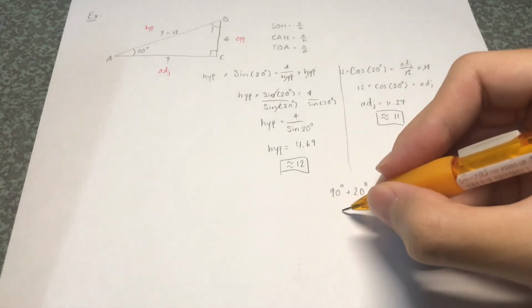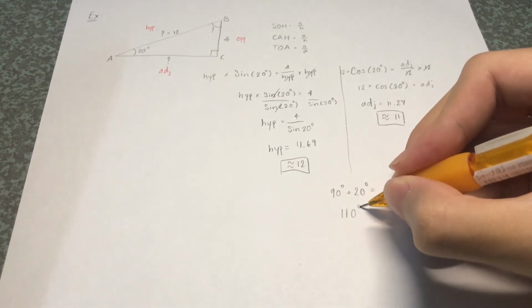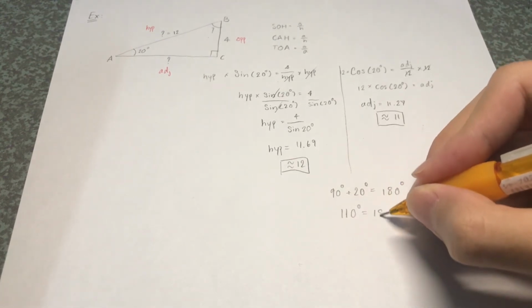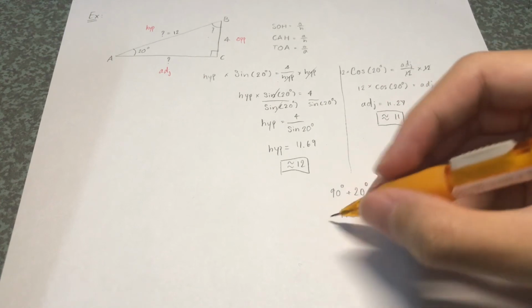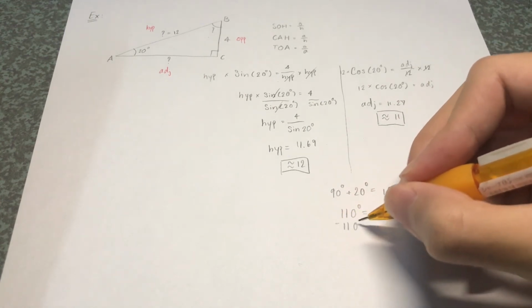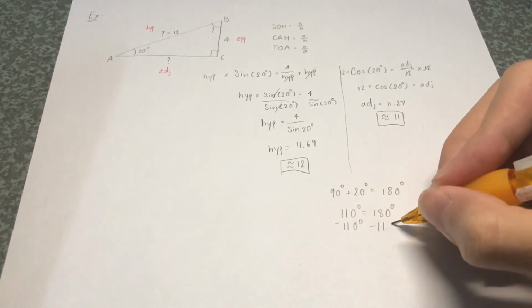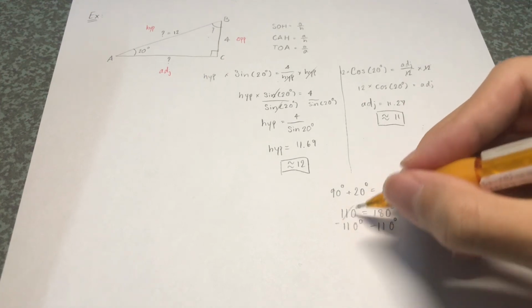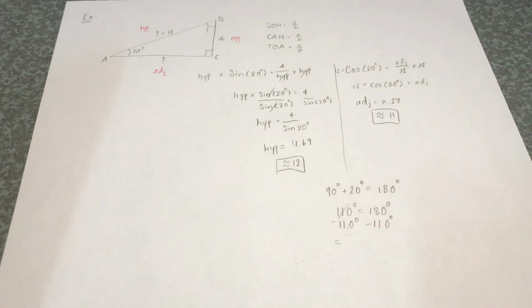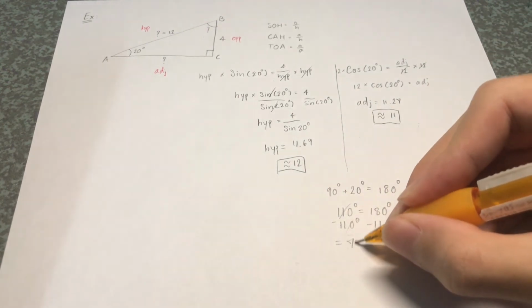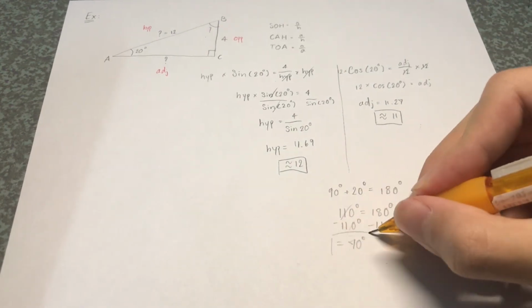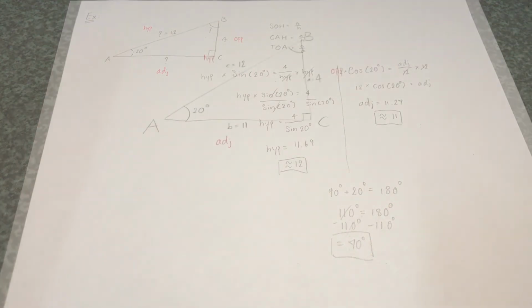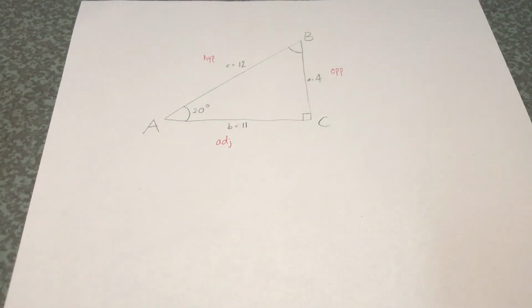Add up together, we'll get 110 degrees equals 180 degrees. Subtract both sides and cancel. So our last angle will equal 70 degrees. And lastly, 70 degrees on angle B.